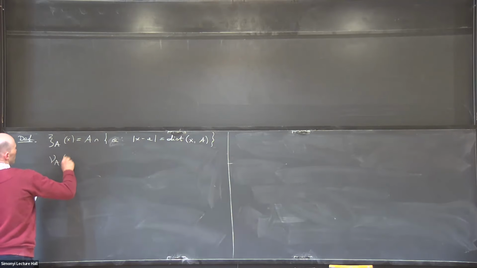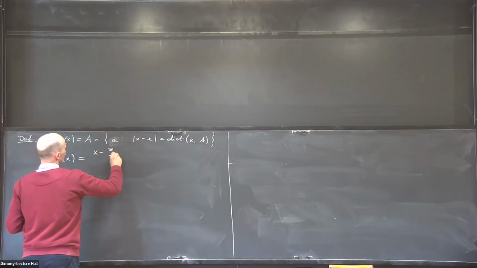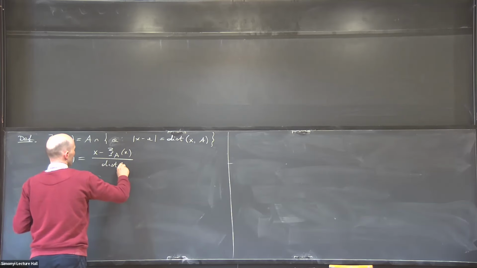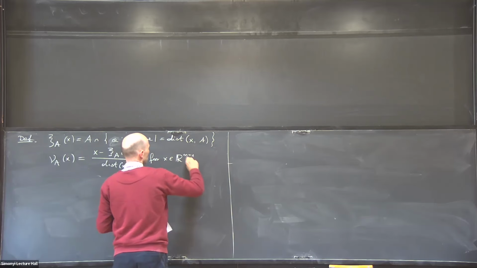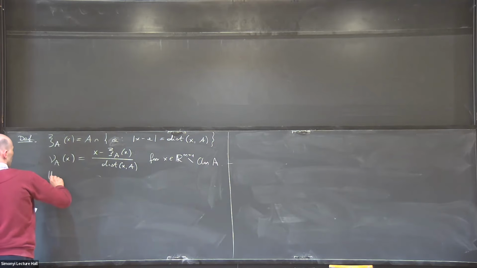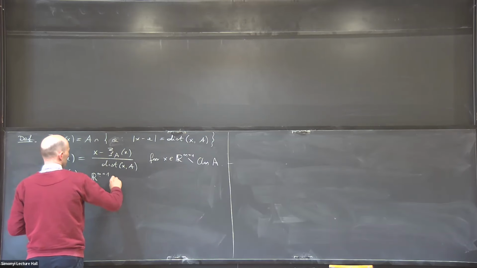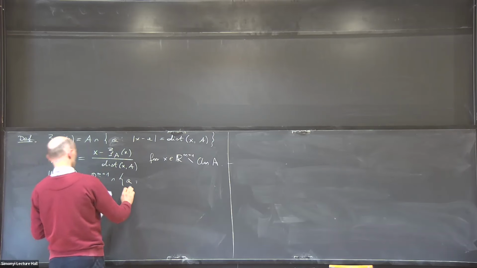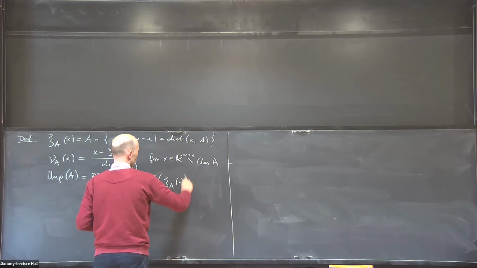We define another multi-valued map, but these maps will be single-valued in many places, namely x minus xi over the distance of x to A. This is defined for x in R^{n+1} minus closure of A. So this is a kind of normal map, but it's defined everywhere outside of A, not on A. And we define Unp(A) as the set of points with a unique nearest point, where the counting measure of xi is single valued.